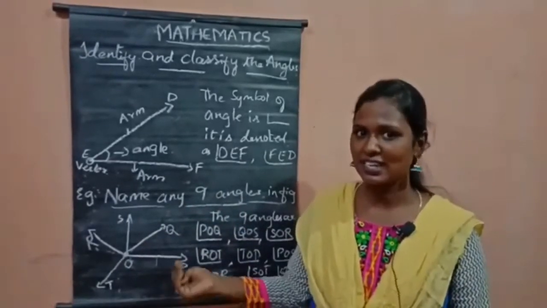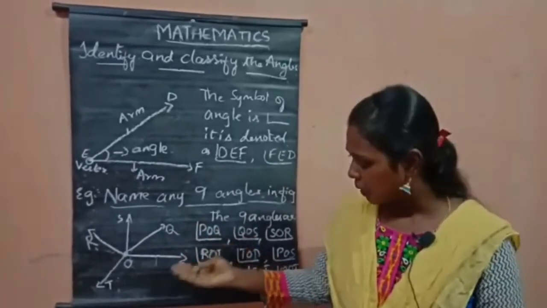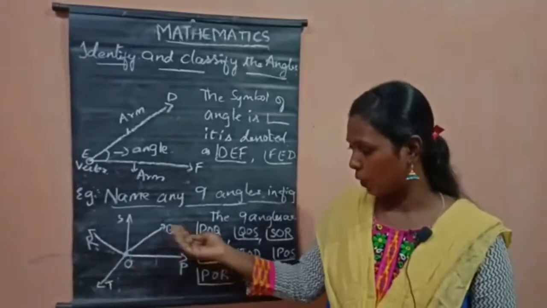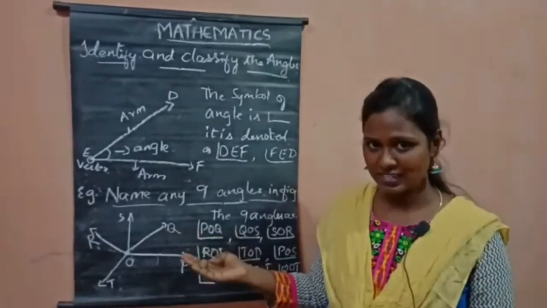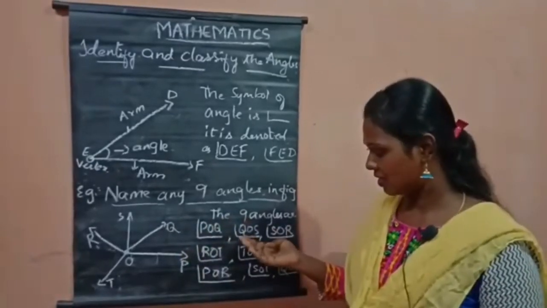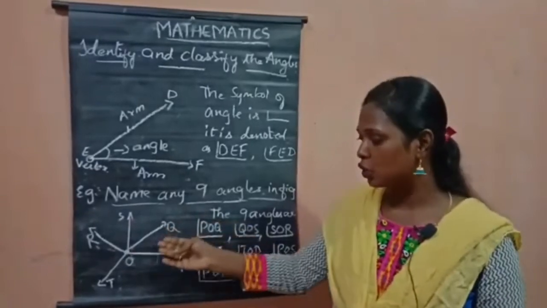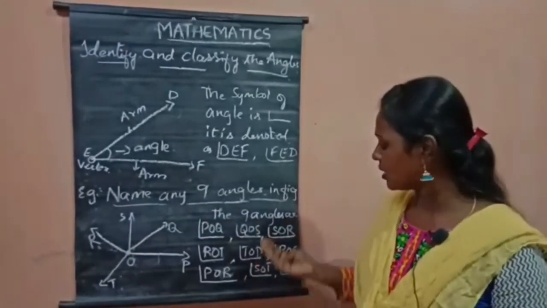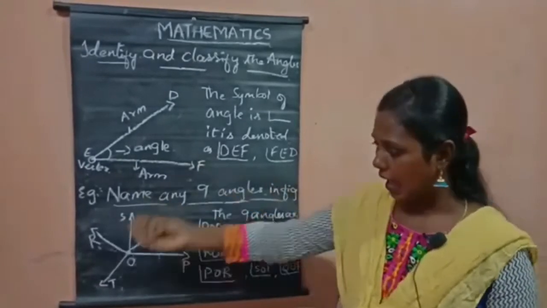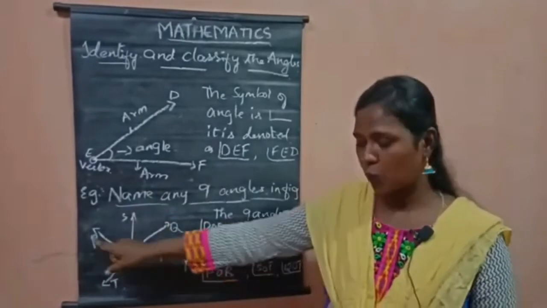Be concentrative, children. The first angle is angle POQ. Did you get it? The second angle is angle QOS. The next angle is angle SOR.